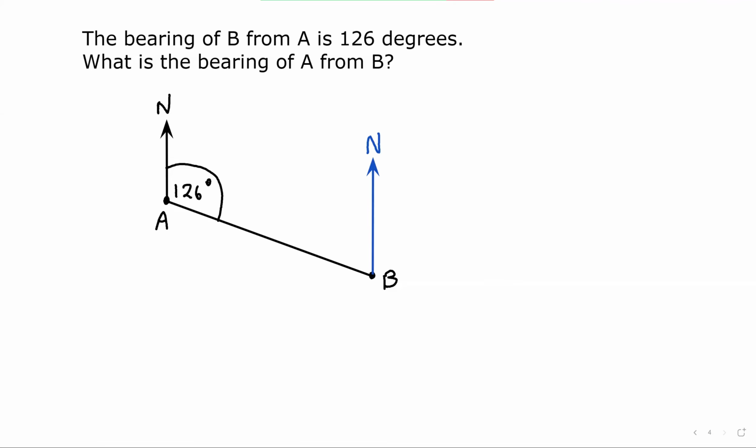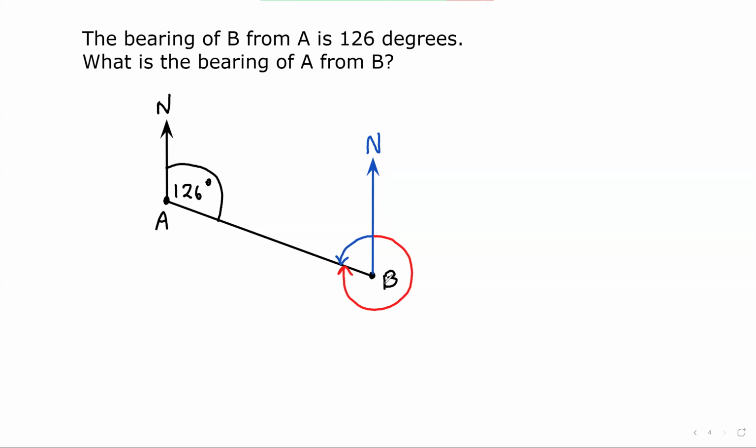This first angle over here is actually the anti-clockwise angle because that's opening from north, it's opening this way. And the bearing, however, is going to be the clockwise angle formed on the outside here. So this would be the bearing of A from B.